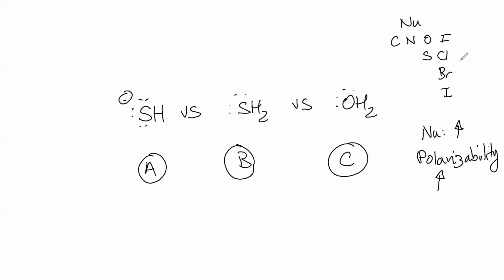And remember, that increases as you're going down the periodic table. So sulfur is more polarizable than oxygen. Iodine is more polarizable than bromine, which is more polarizable than chlorine.